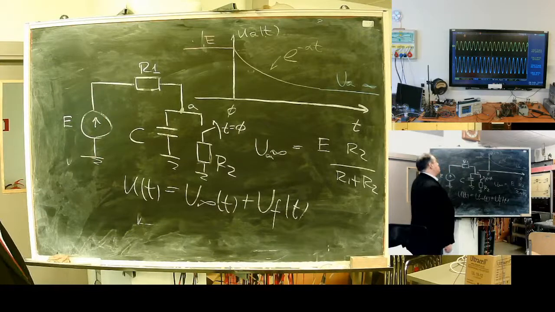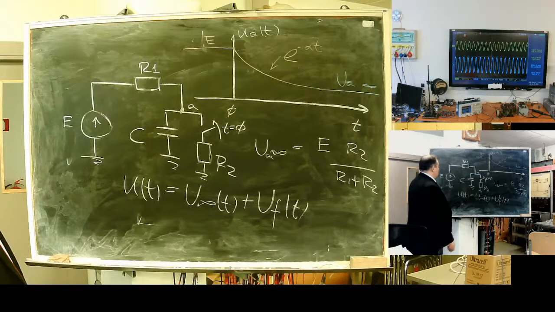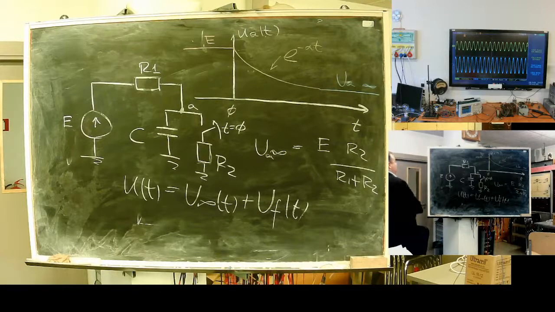In our case, it will be E multiplied by 1 minus R2 divided by R1 plus R2, and e to the power minus alpha t, where alpha is 1 over R2C, something like this.